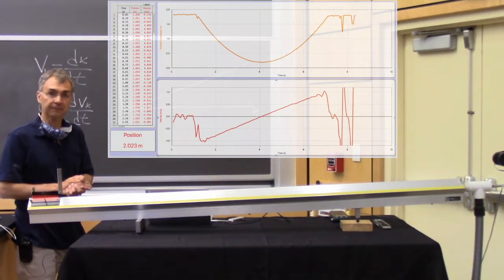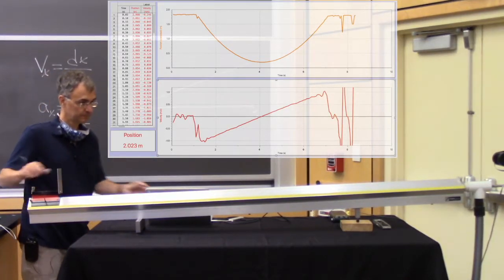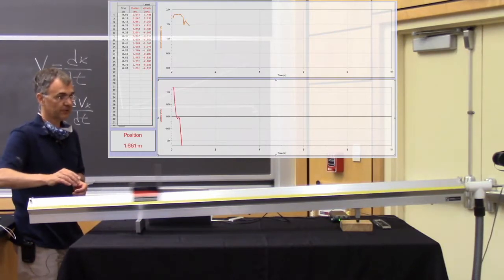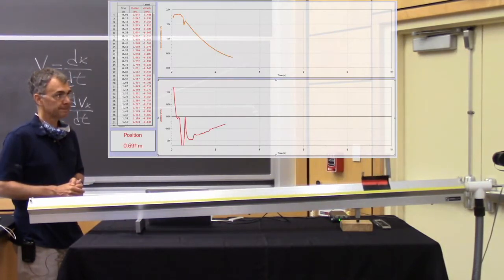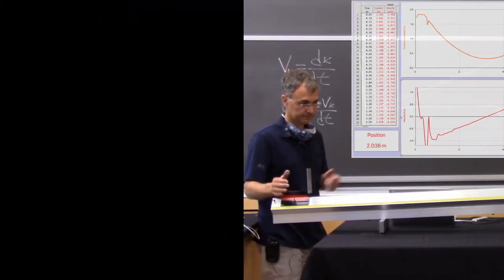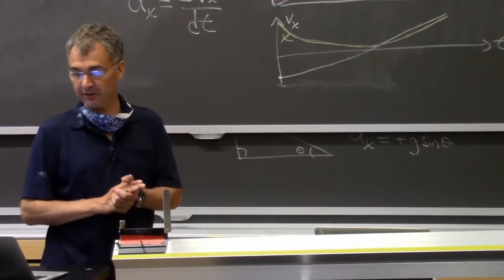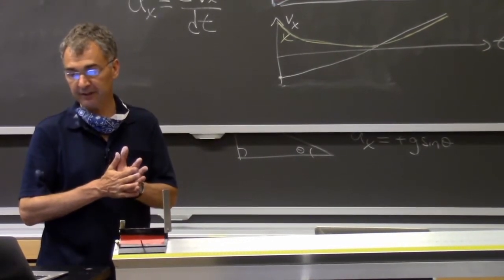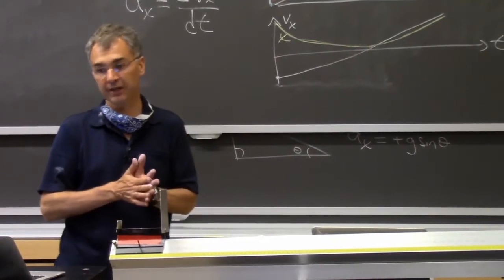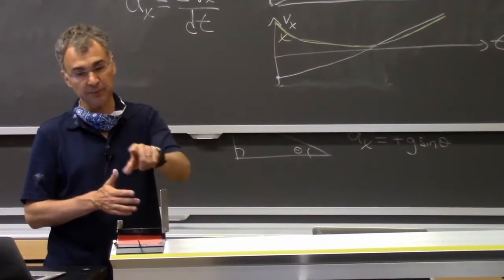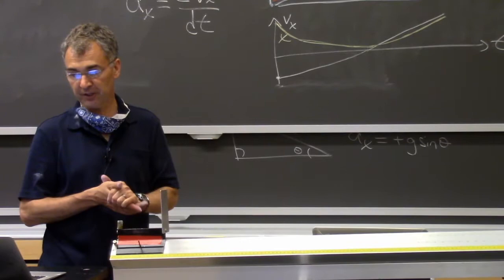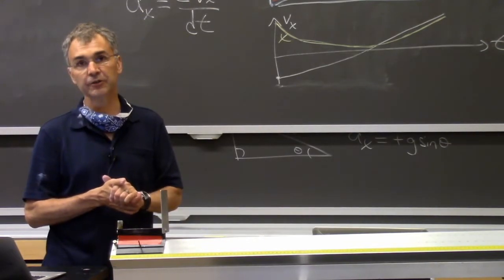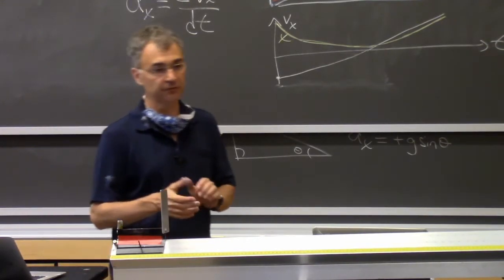Let's try it one more time. So I shove it uphill, and then it comes back downhill. So if I give the cart a shove uphill, and I watch it travel up and back, and remember the x-axis points downhill, at the top of the cart's trajectory, where it turns around, what is the value of the x component of velocity?